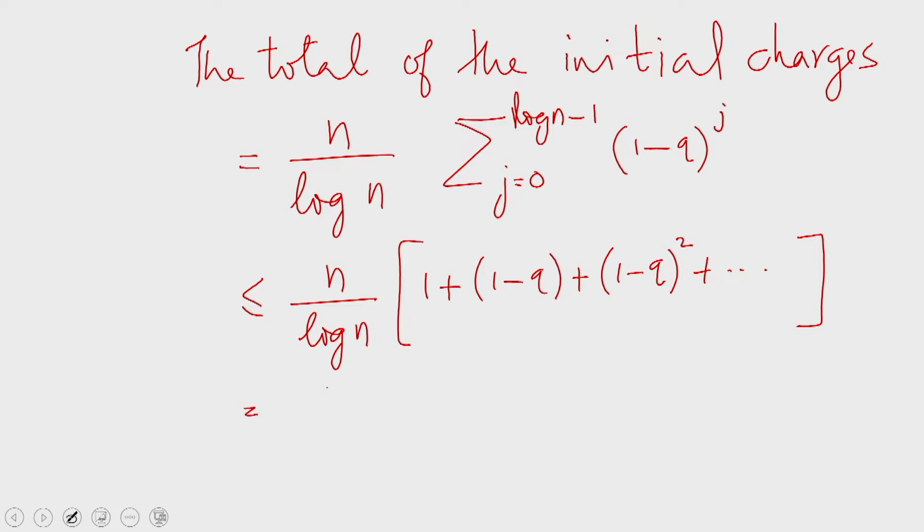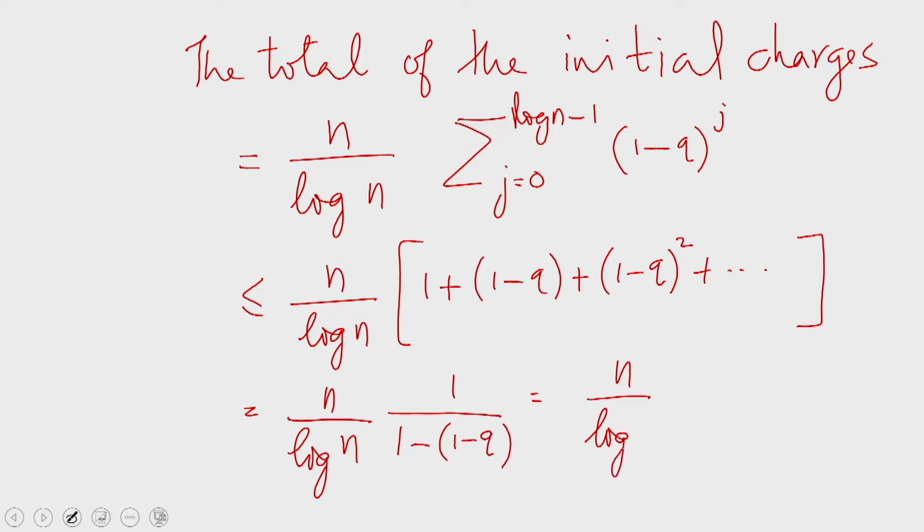Therefore, we can say this is nothing but n by log n times 1 divided by 1 minus (1 minus q), which is n by log n times 1 by q. So, we find that the total initial charges that we place on the system is at most n by log n times 1 by q, and then we are going to manipulate the charges in a certain way.